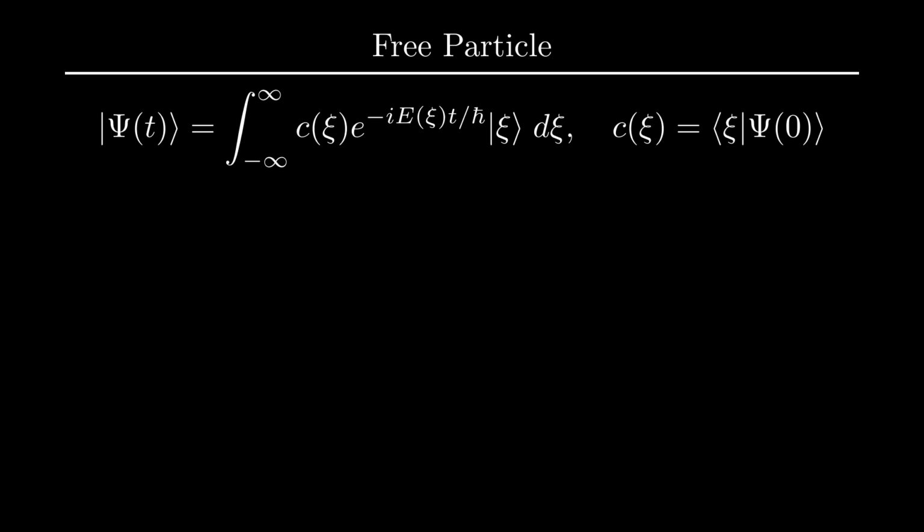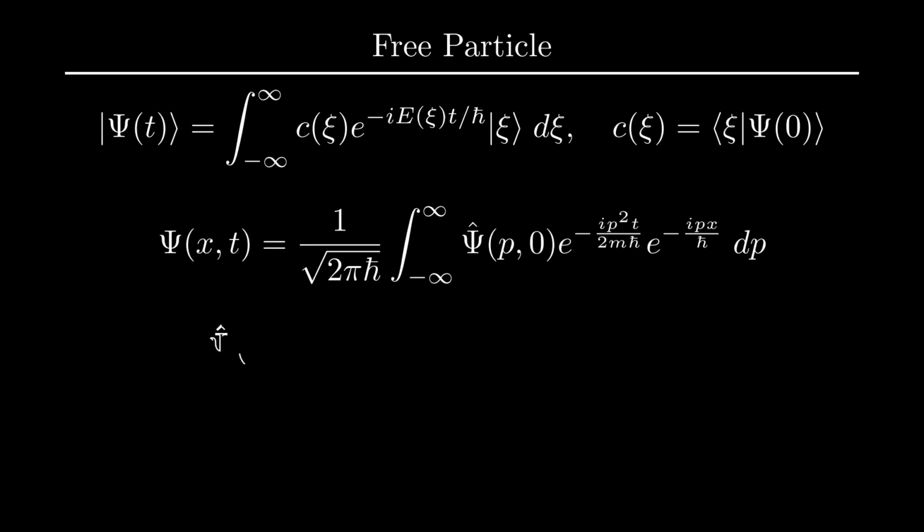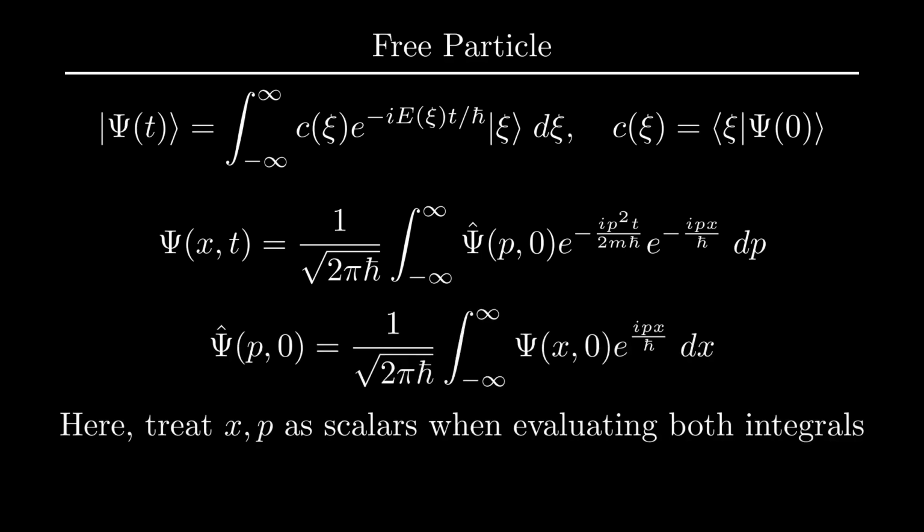Well, as it turns out, we can simply use the same procedure as before, replacing the sum over energy eigenstates with an integral parameterized by some quantity, which the energy is a function of. In our case, that quantity is simply p, giving us the following expression for psi of x, t, in terms of the momentum wave function psi hat of p, which is obtained by transforming the position wave function at time t equal to 0 into the momentum basis.